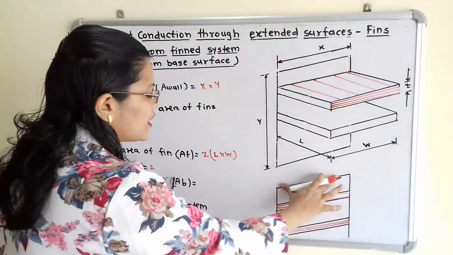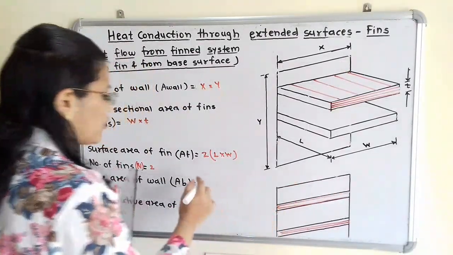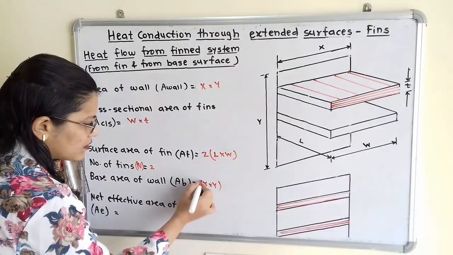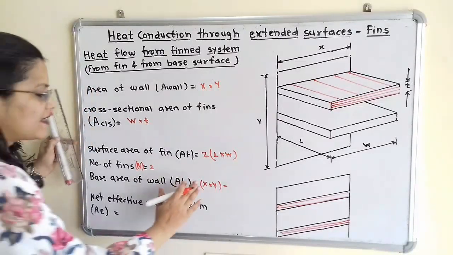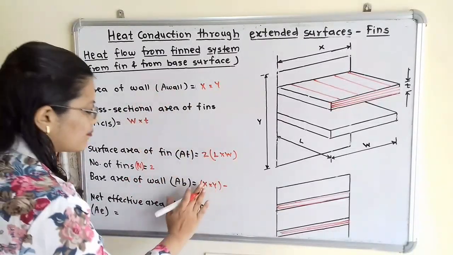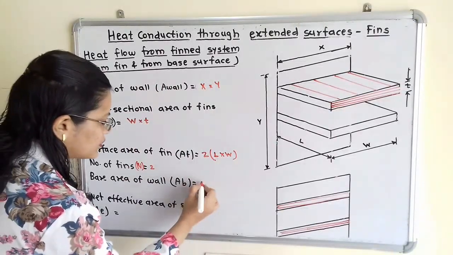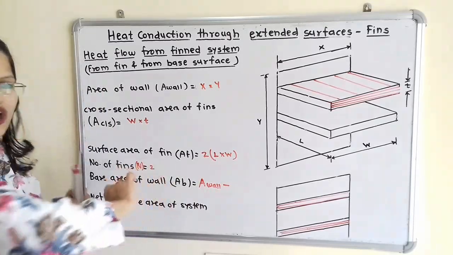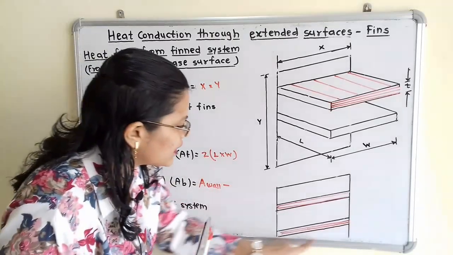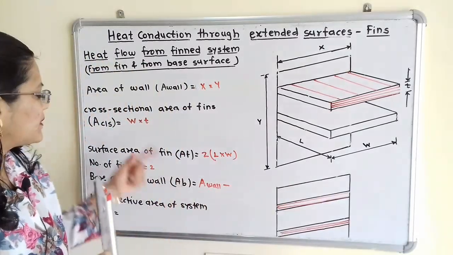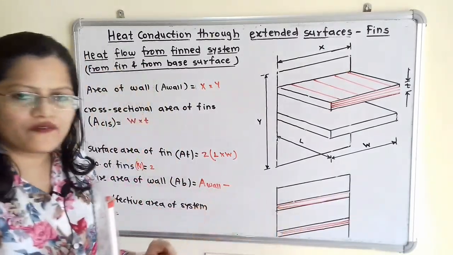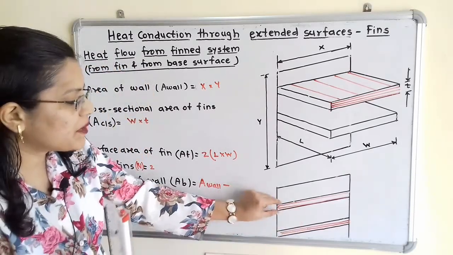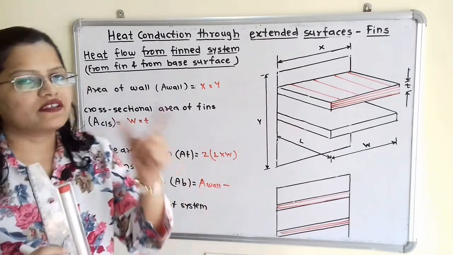So what is the total area of wall? Total area of wall is x multiplied by y. Minus, I will write here A wall, because I will not write the dimensions. So A wall minus bare area of wall, that means from this total area of wall we have to subtract the cross sectional area of fin, but here we have to consider the number of fins also, because there may be one fin, two fins, or 50 fins or 100 fins.